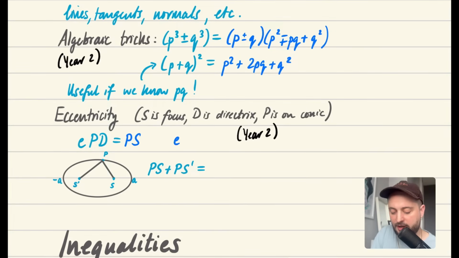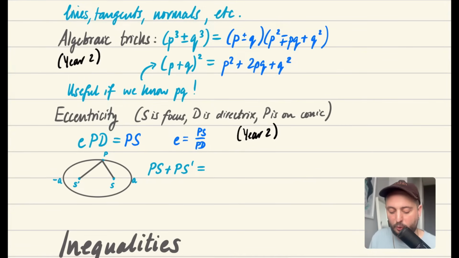Obviously, the eccentricity is therefore PS over PD, but I tend to remember it in this form where it's just on one single line. And the way I do it in this one is that it finishes with PS. Silly memory technique, but you finish like at the end of an email or the end of a letter, you might write PS and then an extra part. So that's how I remember that PS comes up at the end.